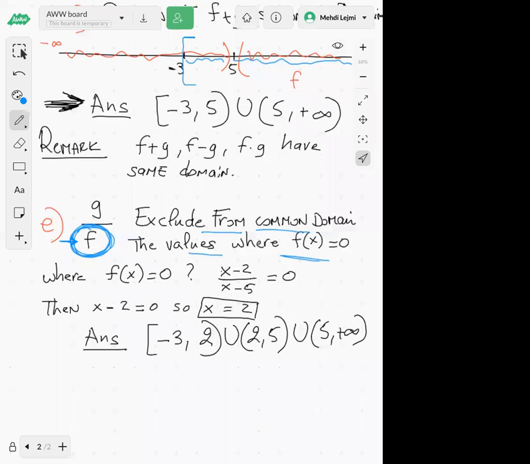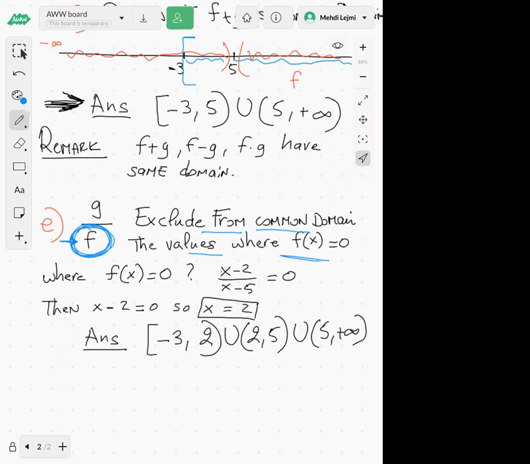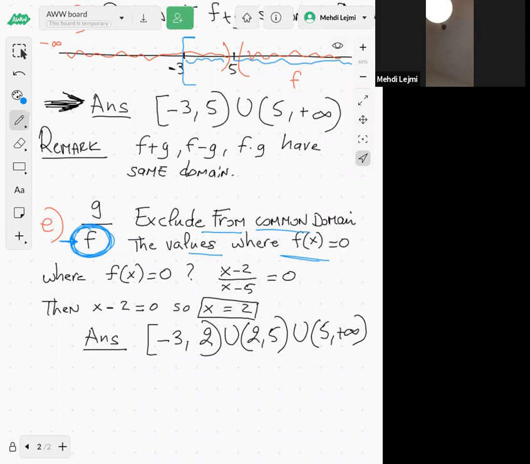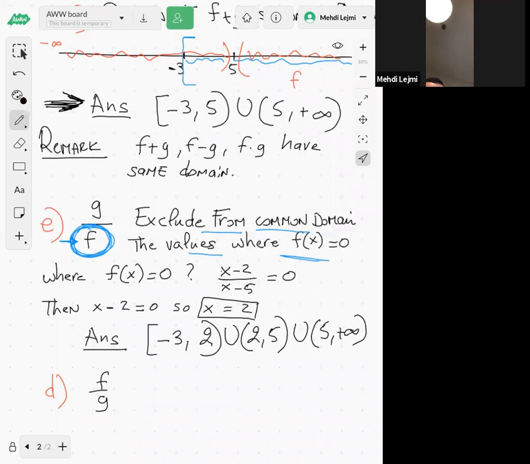So you're doing G? Excuse me? You're doing G? Yeah, I'm doing E. E, sorry. I'm doing E. This is E. And for F over G, okay, F over G, then that will be the D. So for F over G, we have to exclude from the common domain the values where G is 0.